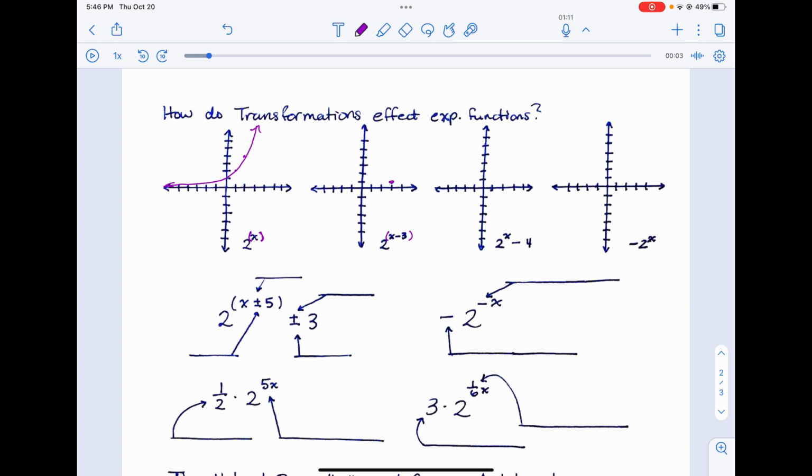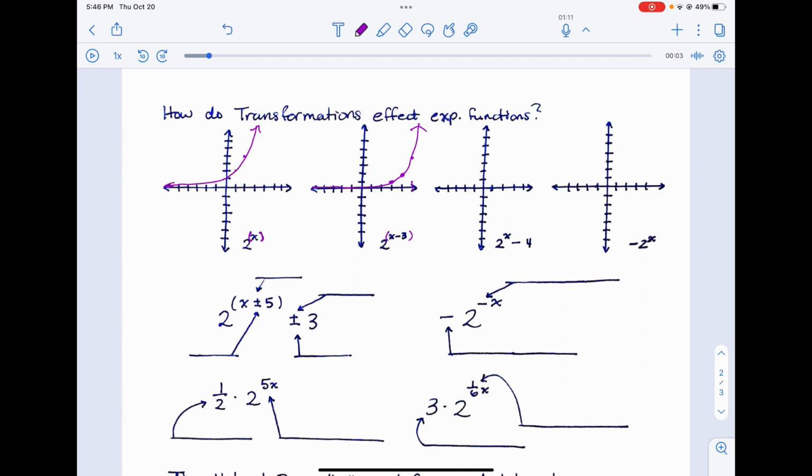Instead of going through 1, 2, we go through 4, 2. And so it's going to be a similar type of graph. We're going to go through 5, 4 over here. It's just going to be shifted to the right by 3. That's it. Really no other difference there.